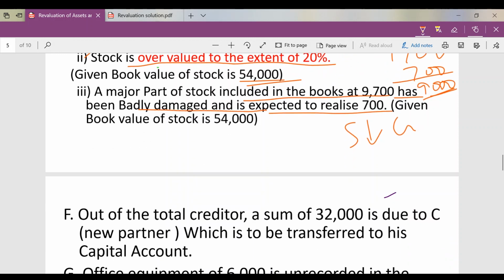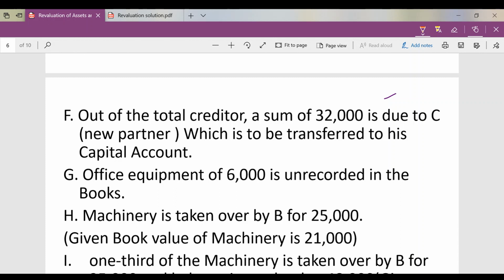Next is, out of the total creditors, a sum of rupees 32,000 is due to C, who is the new partner who is coming in, which is to be transferred to his capital account. See, now what is happening? C is our creditor and now we are making him our new partner. So in that case, what would happen?